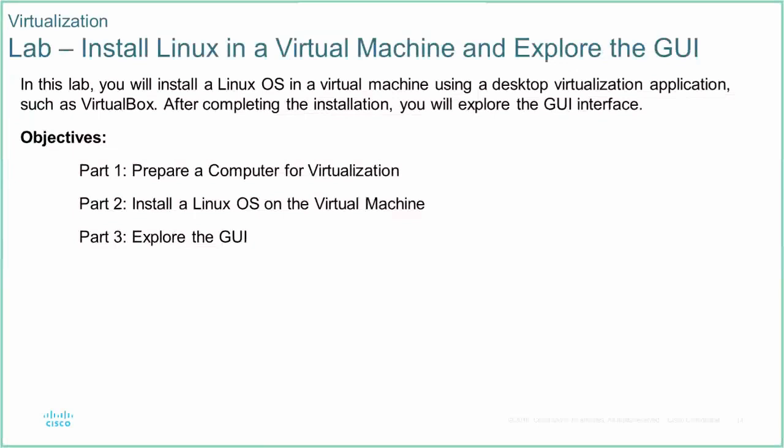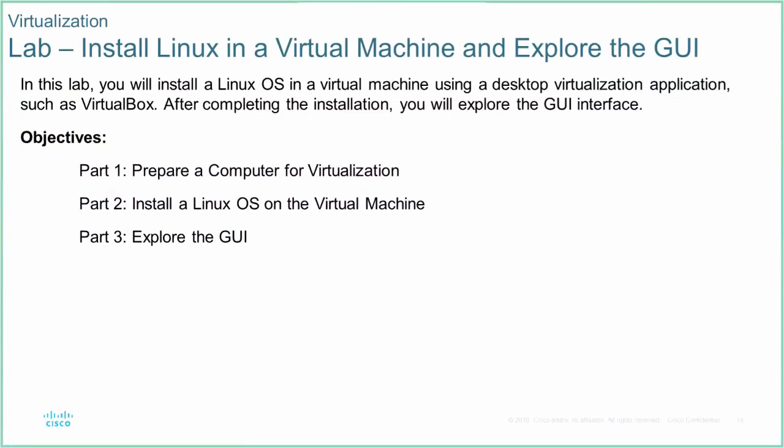So we're going to prepare a computer for virtualization. We're going to install Linux, and hopefully you'll download Kali Linux, because later on, if we want to look at hardening an operating system, Kali has some inbuilt security features that become useful when we're looking at cybersecurity and an operating system.